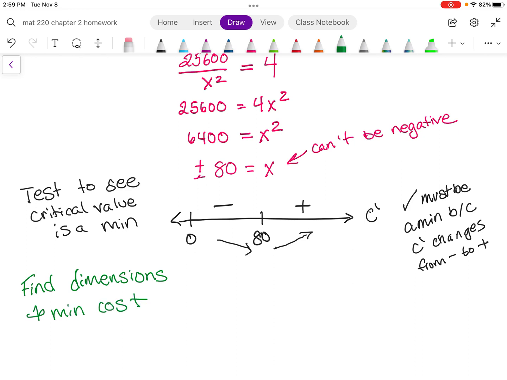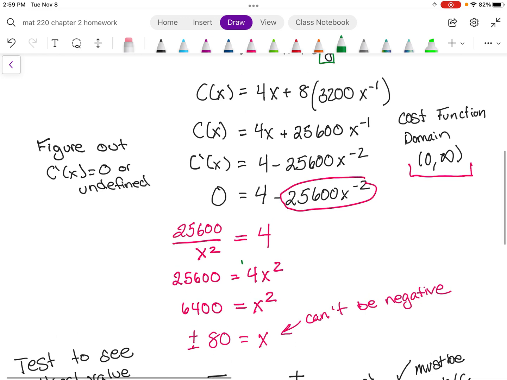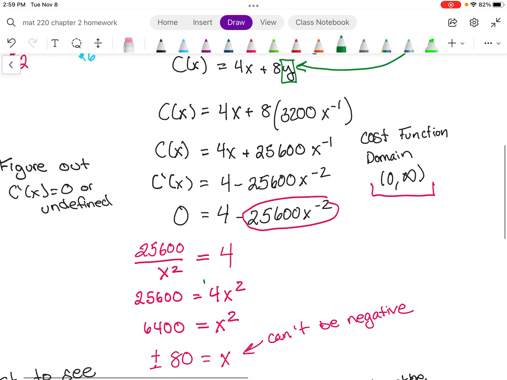Well, the area was 3,200, and one of my dimensions was 80, and so I can solve for the other one. So y would be 40. So I know I have an 80 by 40 area, and I'm also asked what is the cost, and so I would go back up. I can go either to this level, or I could go back even to this level up here. I sort of like that level up there.